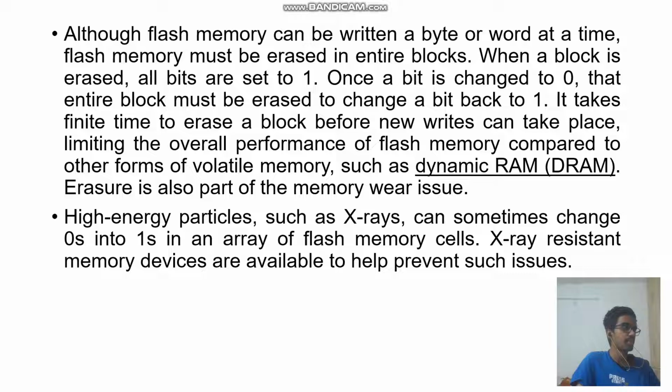It takes finite time to erase a block before new writes can take place, limiting the overall performance of flash memory compared to other forms of volatile memory, such as dynamic RAM, also abbreviated as DRAM. Erasure is also part of the memory wear issue. High energy particles, such as X-rays, can sometimes change zeros into ones in an array of flash memory cells. X-ray resistant memory devices are available to help prevent such issues.